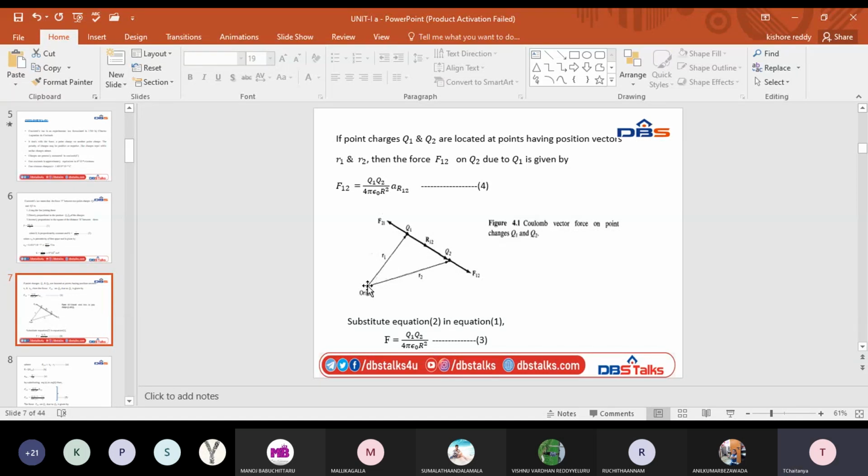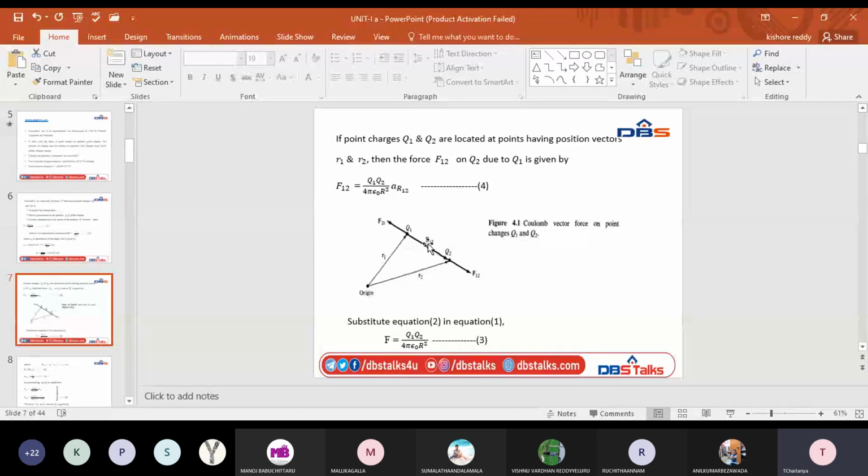See here, this one is the origin point. Q1 and Q2 are two charges. Q2 is at a distance R2 from the origin, and the distance between Q1 and Q2 becomes R1.